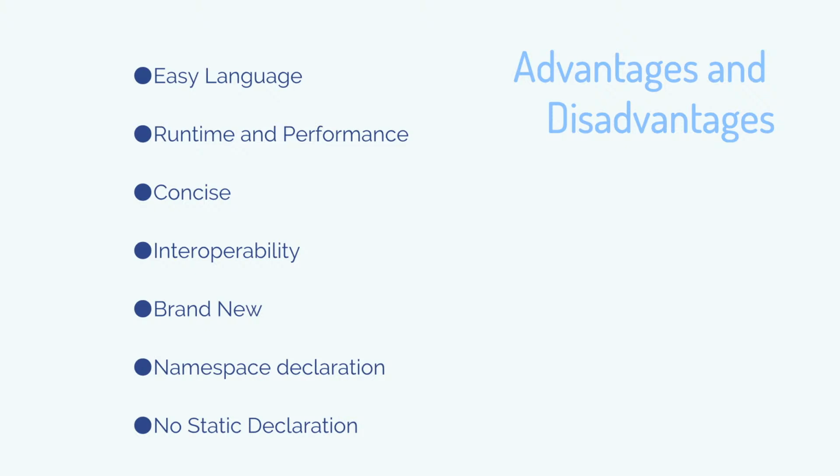Then runtime and performance. We will see about runtime and performance in the next presentation, because we have a graph about it. And then consistency. Consistency is nothing but Kotlin is based on the Java virtual machine only.